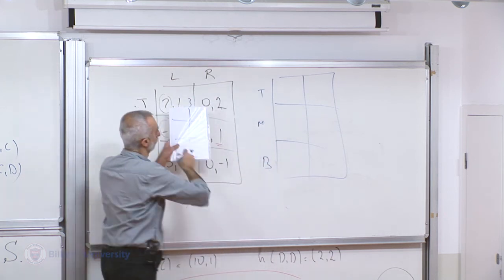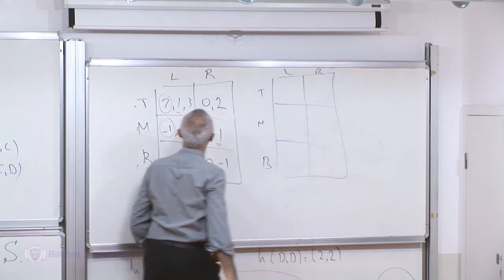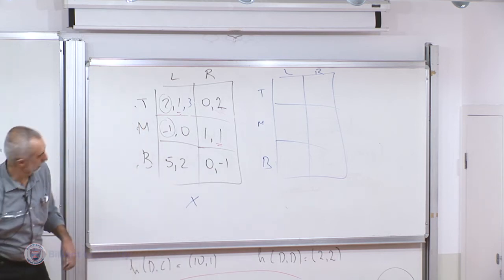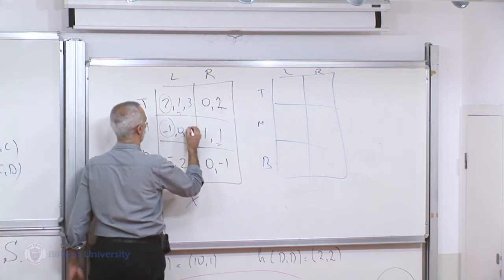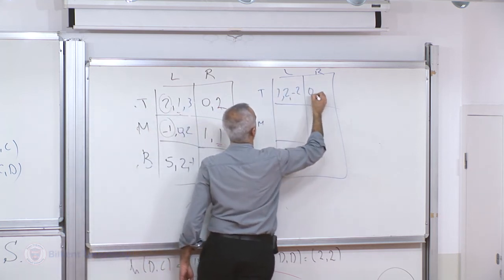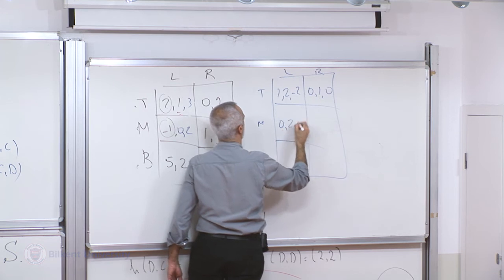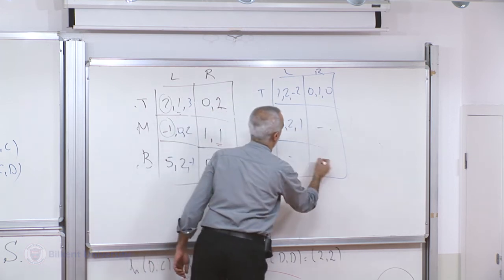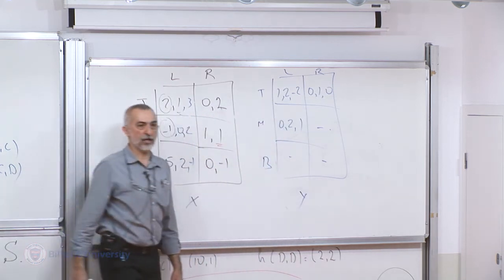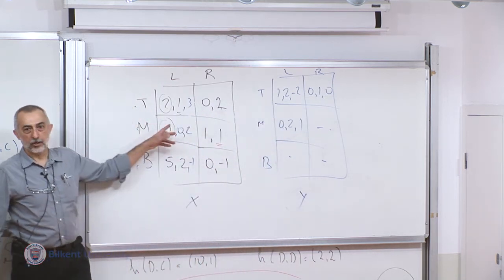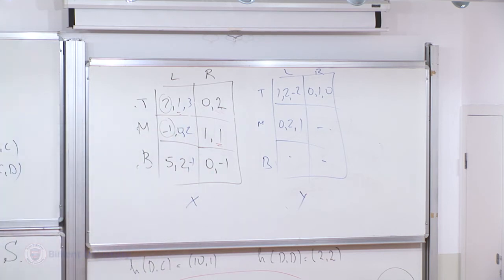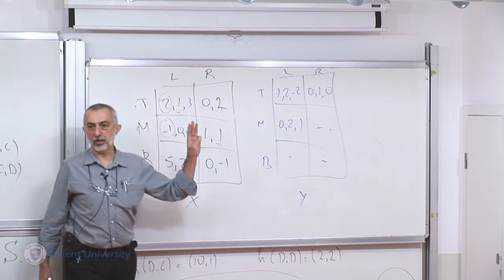So that was L, R, and then X, Y. Looking at this, there are 2 tables, which means that there are 3 players.